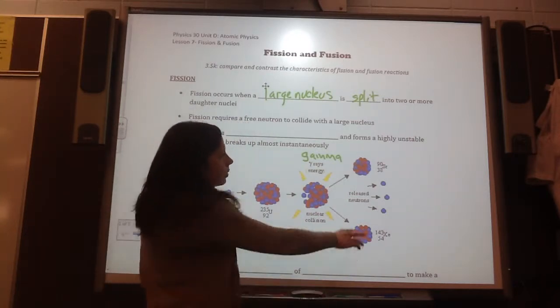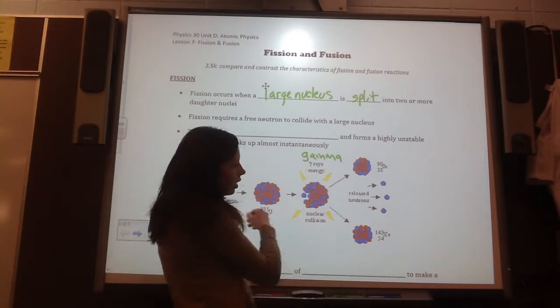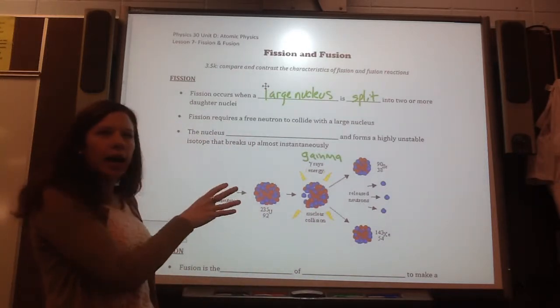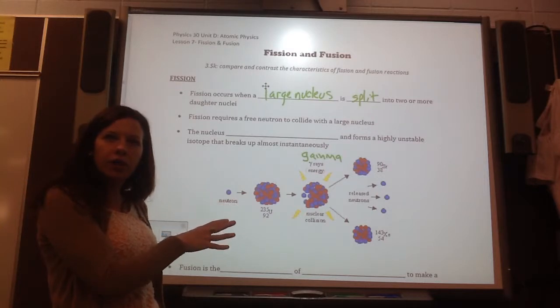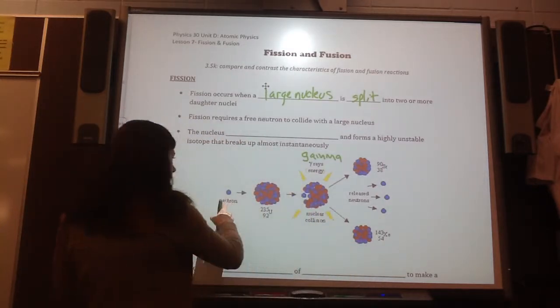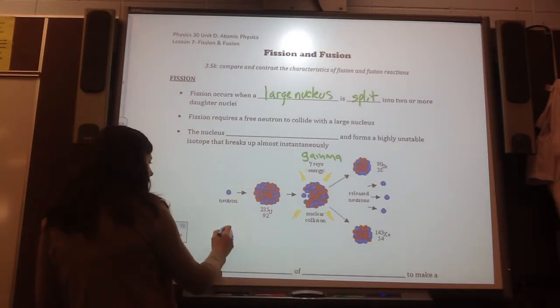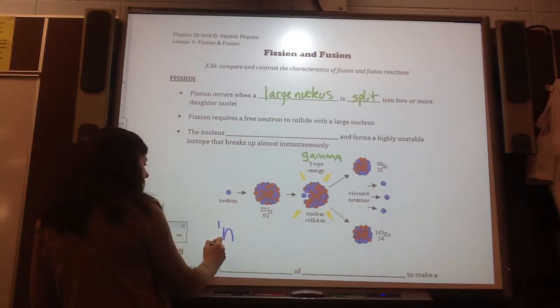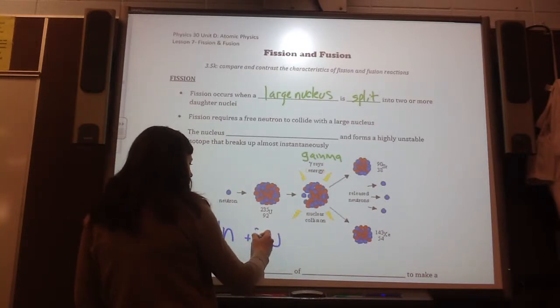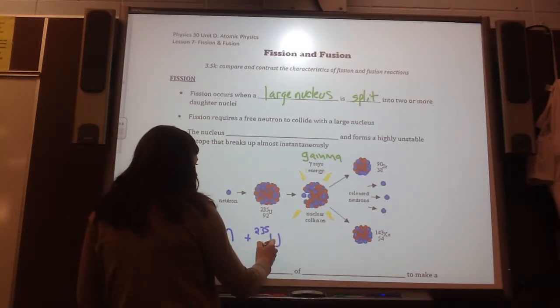And then here it says it makes a strontium-90 and xenon-143. So let's look at adding up and making sure the conservation of charge is consistent here. We have one neutron, so we have n, 1 and 0, plus our uranium, which is 235 and 92.